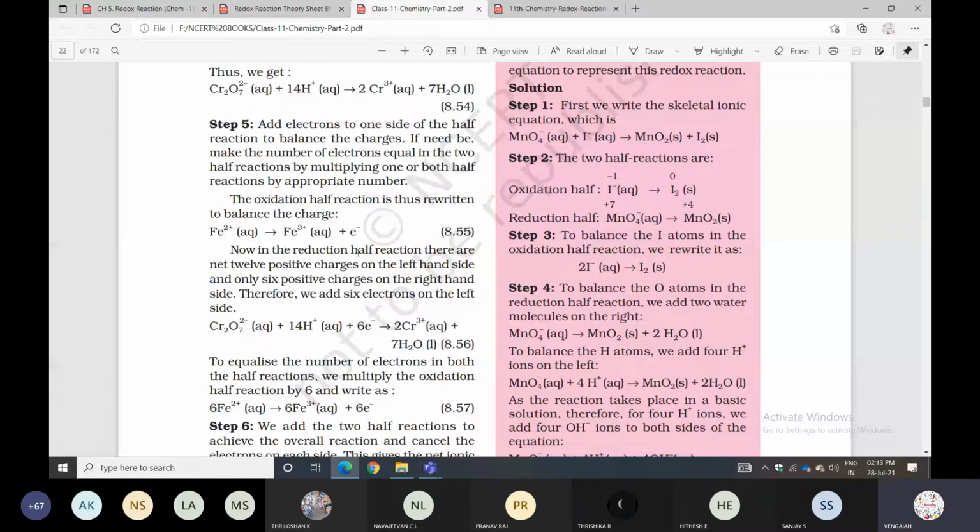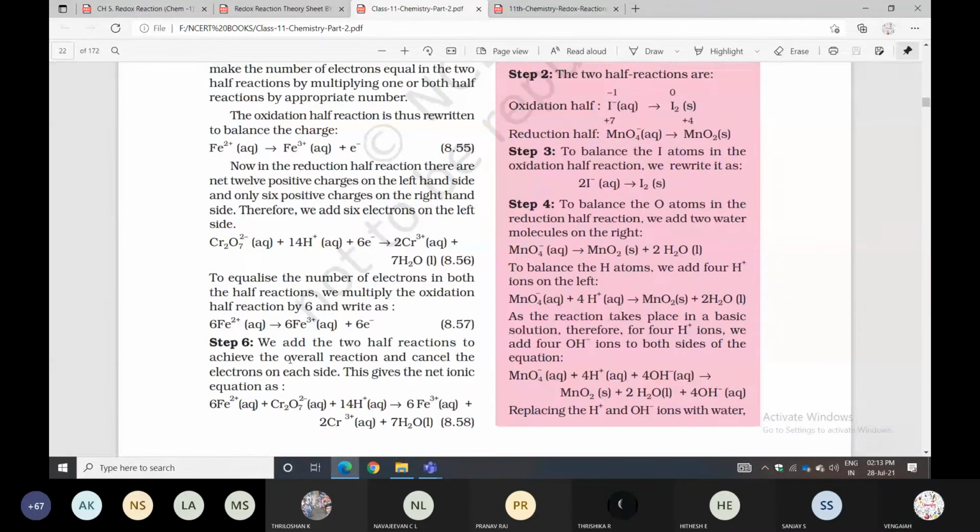So we add the half reactions to achieve the overall reaction and cancel the electrons on each side. This gives the net ionic equation. Finally, you can get the net ionic equation. Okay? You can understand easily.